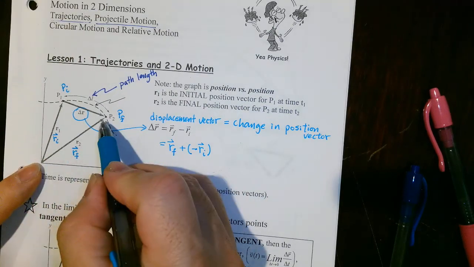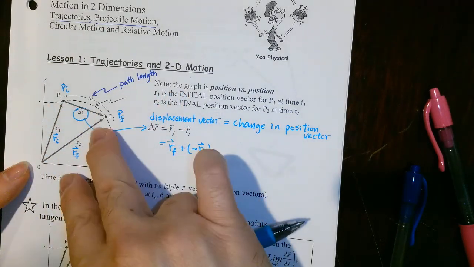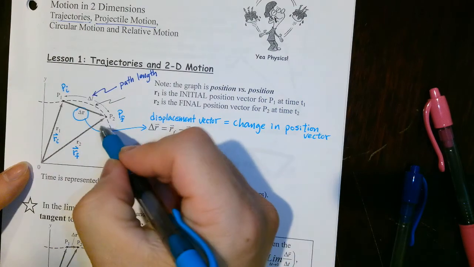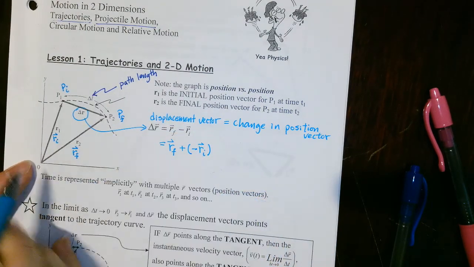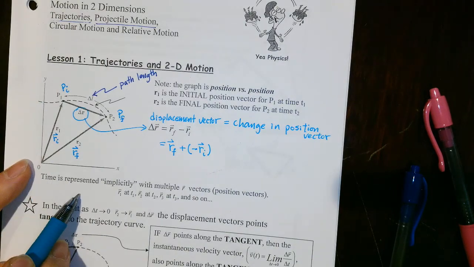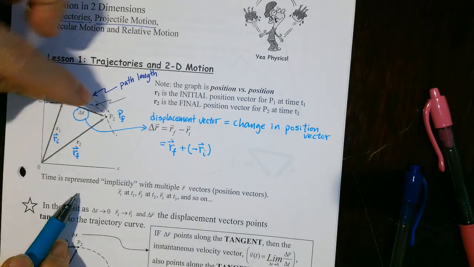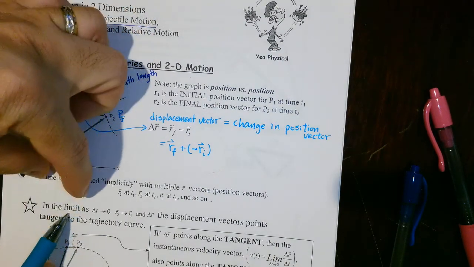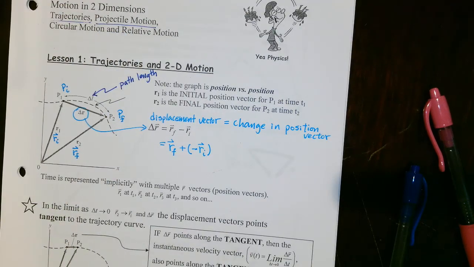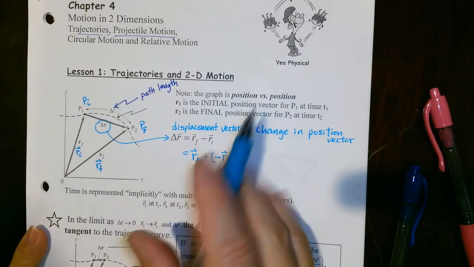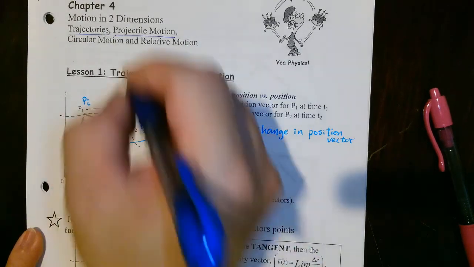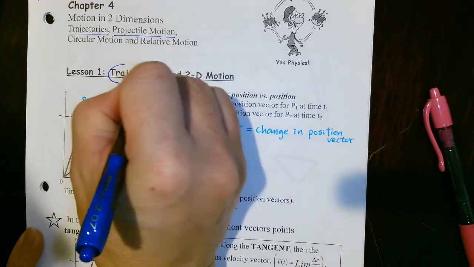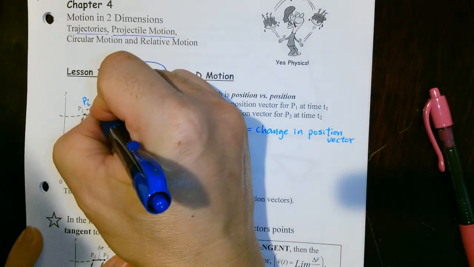RF minus RI, or plus the negative RI, is exactly the same as that. All right? So this actual path is known as the trajectory.